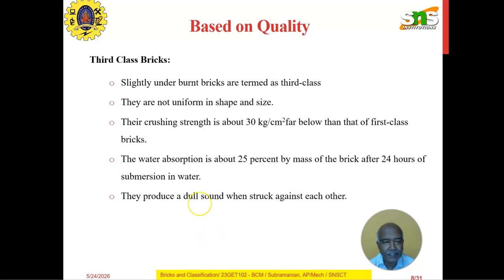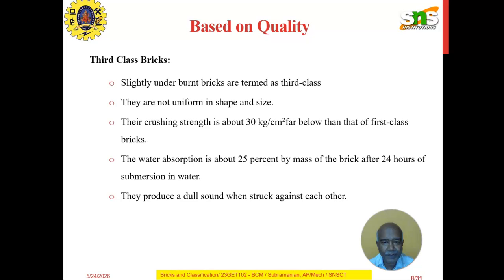Now see the third class bricks. The third class are slightly underburnt bricks, and they are termed third class. They are not well burnt, and scratches on the brick can be easily made. Generally they have uniform shapes, but the corners are not as sharp as first class or second class bricks.